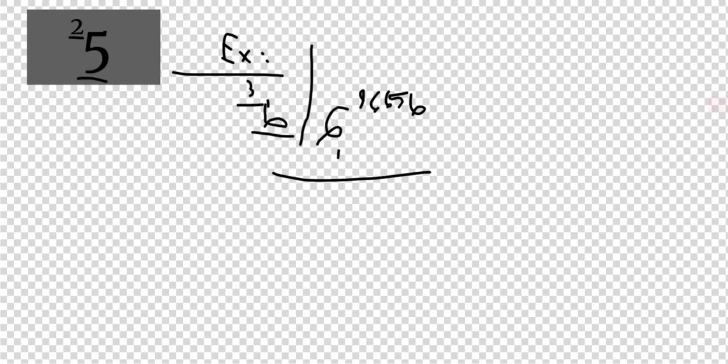So, one more example. 4 tetrated to 2. Well, this number decides how many times the base is put to the power of itself.